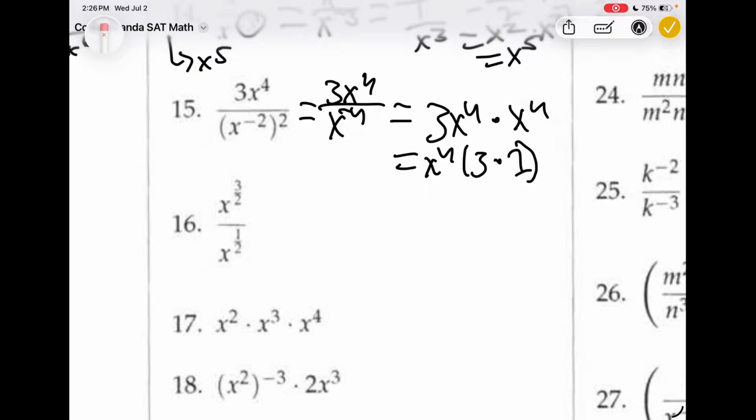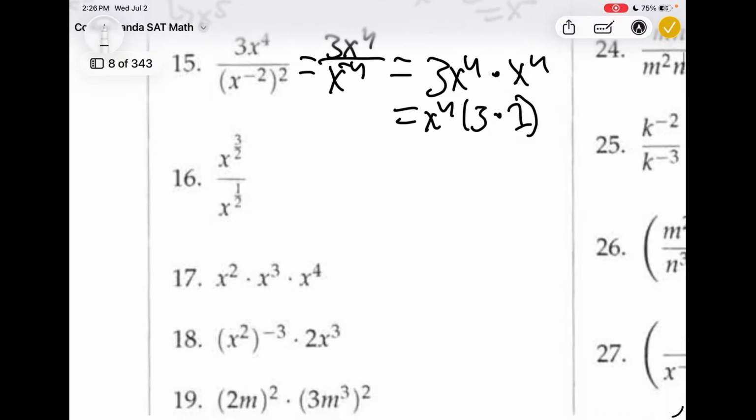Is this my final answer? I can't tell. I'm just gonna assume it is for now. Now we got all this, but these are positive exponents, technically.